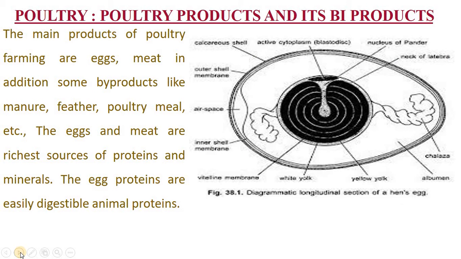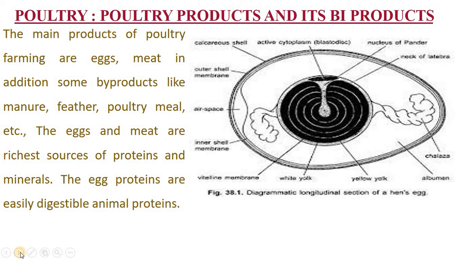So here we discuss the egg. The main products of poultry are eggs and meat, the richest source of proteins and minerals.